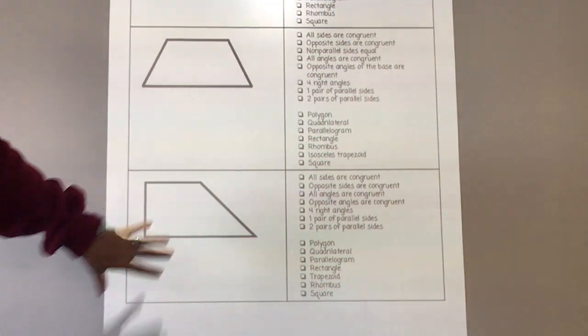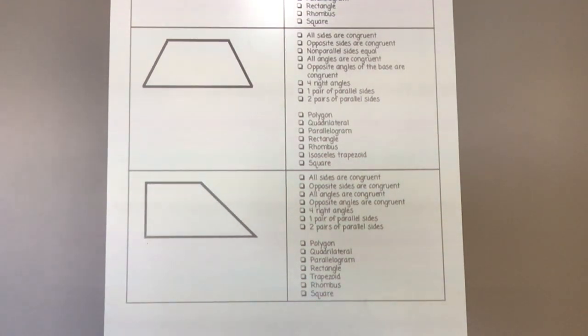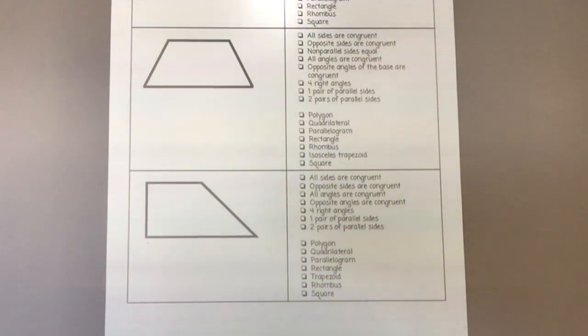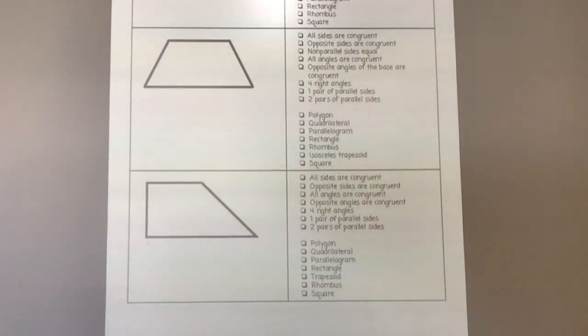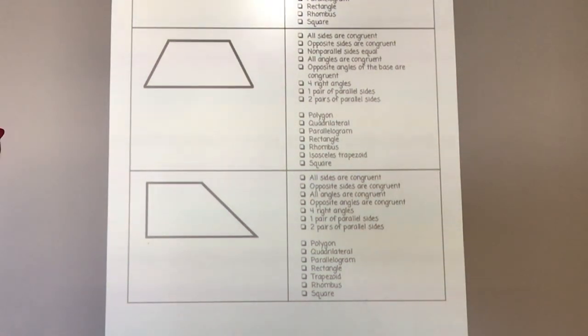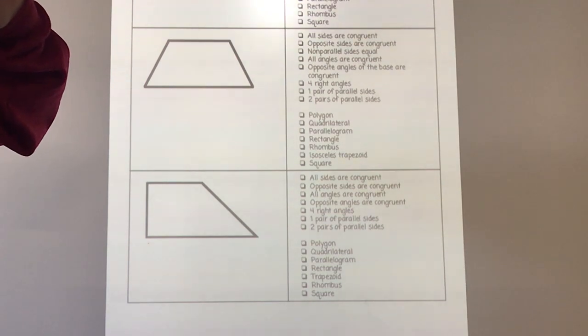All right, our last shape down here, right here. Thumbs up and thumbs down. Ready? All sides are congruent. Thumbs, no noises. Opposite sides are congruent. All angles are congruent. Opposite angles are congruent. I see some people waiting on me.